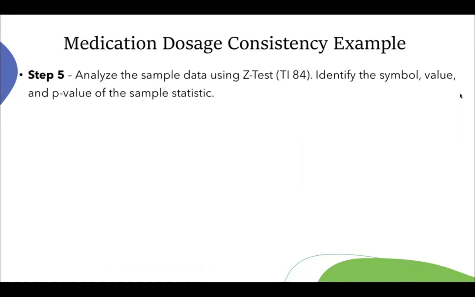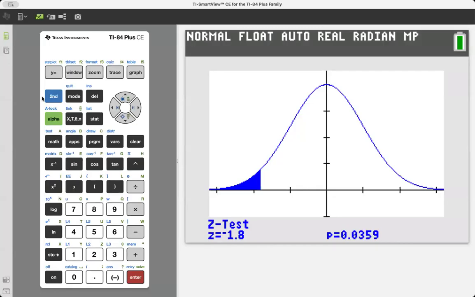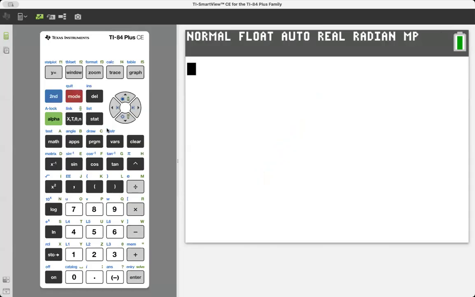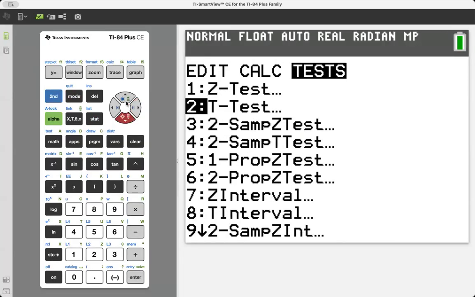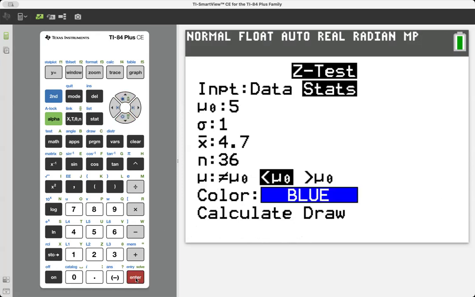So we go to z-test on the calculator. I'm going to do this with you. Okay. So let's go back to stat, tests, z-test, and we're going to enter in 10 for u sub 0.